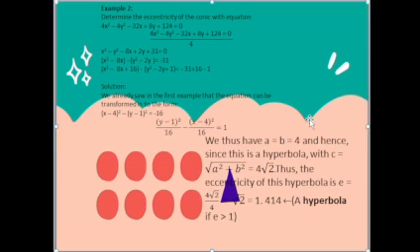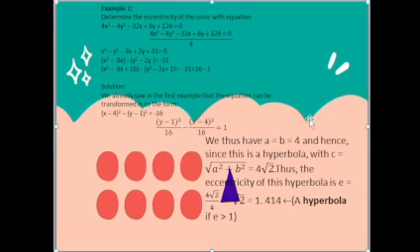So we have y minus 1 squared over 16, because negative 1 divided by negative 16 is positive. And we have also x minus 4 squared over negative 16, which will be negative x minus 4 squared over 16. And negative 16 divided by negative 16 is 1. And that's the standard form of the given hyperbola.